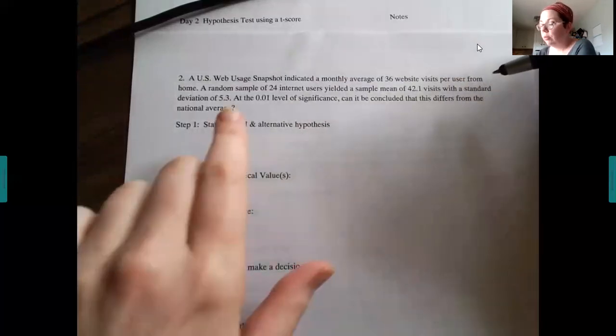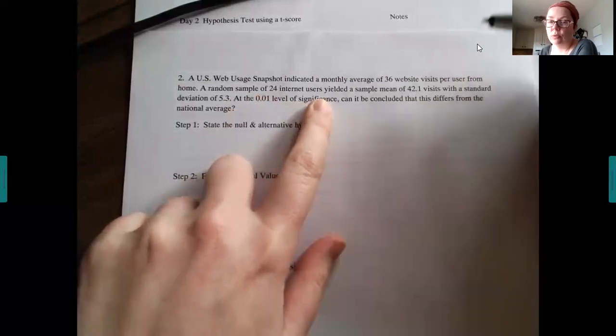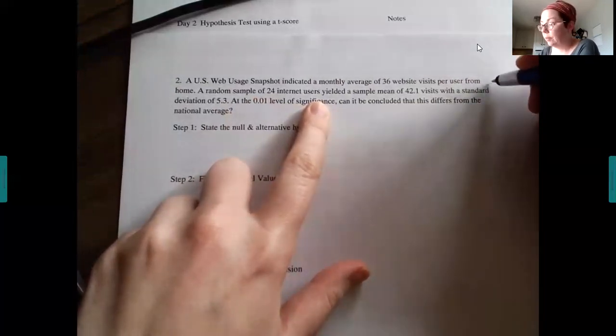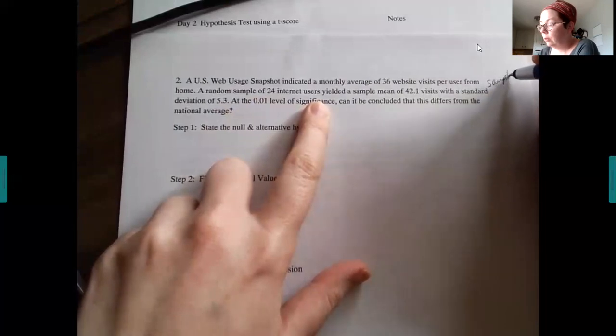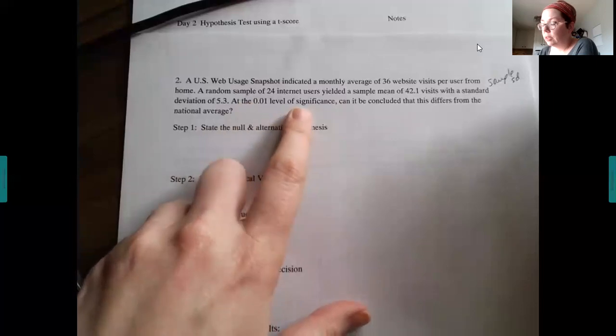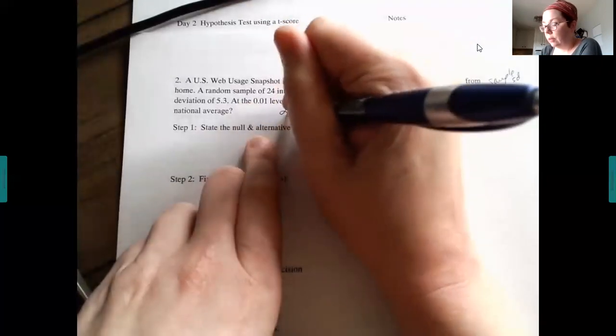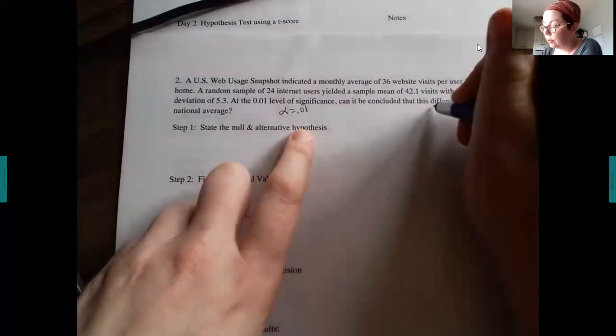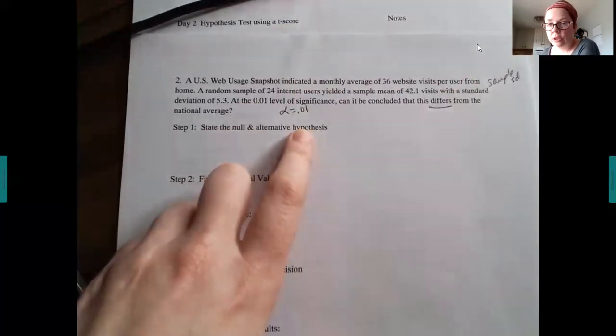However, the standard deviation is with this sample information. So we're going to read this as a sample standard deviation. At the 0.01 level of significance, so that means alpha is 0.01, can it be concluded that this differs from the national average?